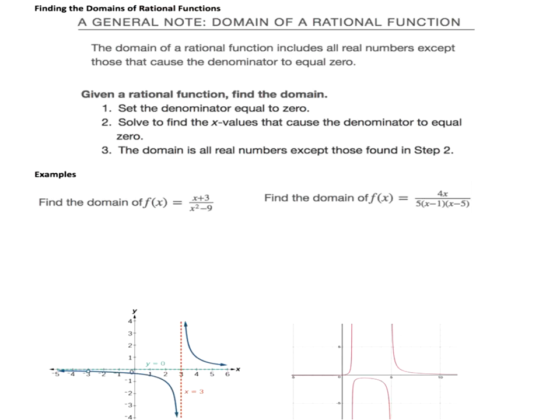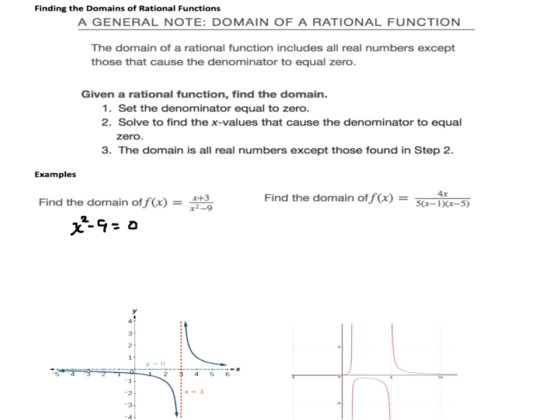We know we can't divide by 0, so we have to discount any x values that cause the denominator to equal 0. We have examples here. To find out when the denominator is going to equal 0, you just set it equal to 0 and see what x values create that.